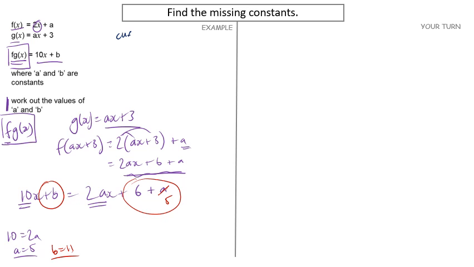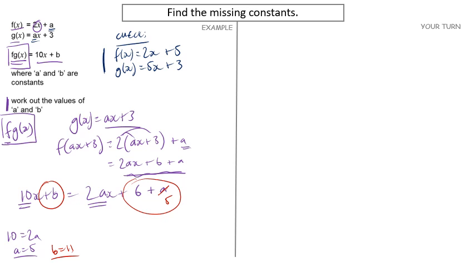So I'll do that up at the top here. So we think that a is 5. Which, when we've substituted it in to both these functions, gives us these here.